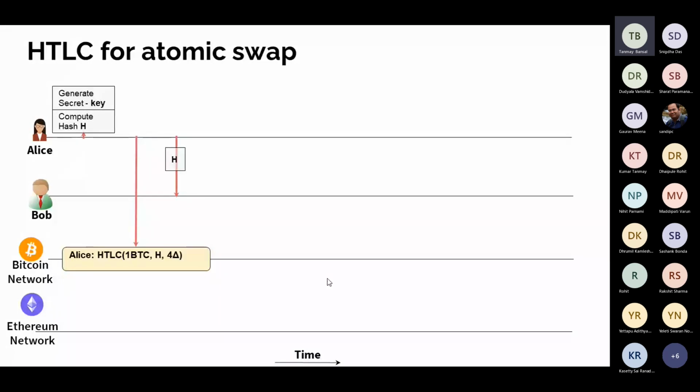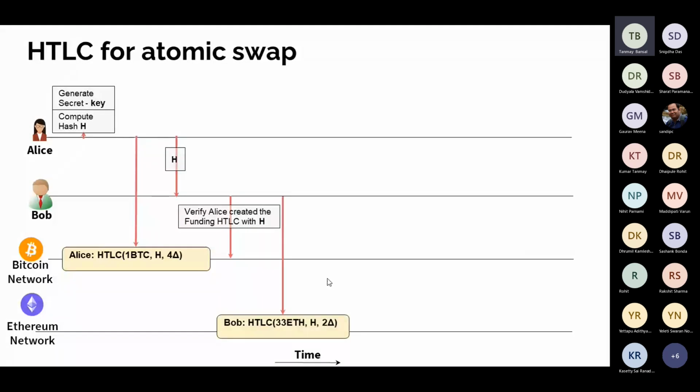Once Bob sees that Alice's transaction is buried under a certain number of blocks, Bob can verify that Alice did create the funding HTLC with H.